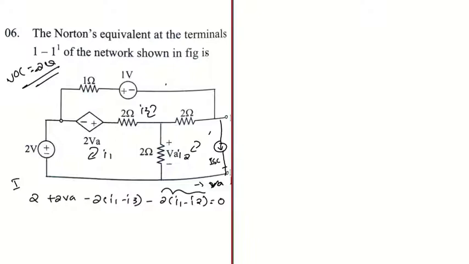Substituting VA in this equation, I get 2 into I2 minus I1 plus 2 into I2 minus I3 equal to 0.